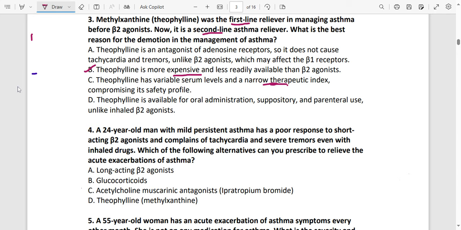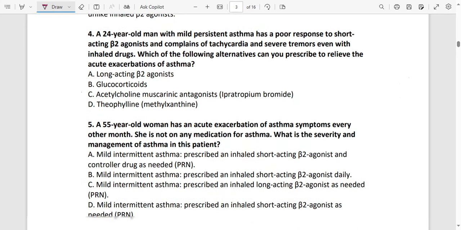All right, welcome. Okay, question number 4. A 24-year-old man with mild persistent asthma has poor response to short-acting beta 2 agonists. Please, I didn't mention this. When you have got a drug that fails, beta 2 guys. Anyway, let's first go on. Short-acting beta 2 agonist and complains.